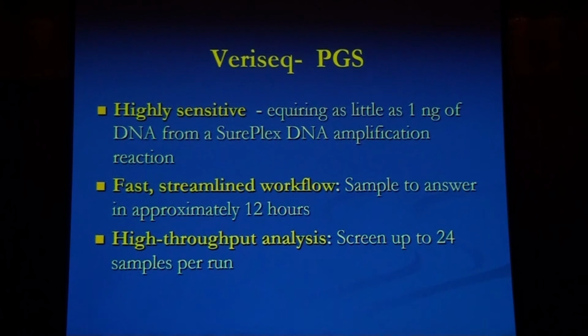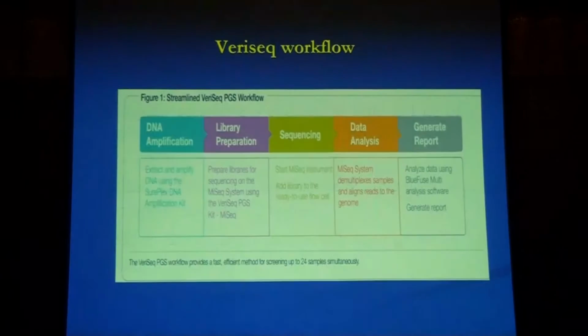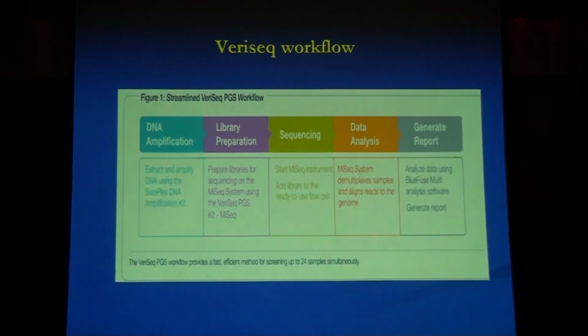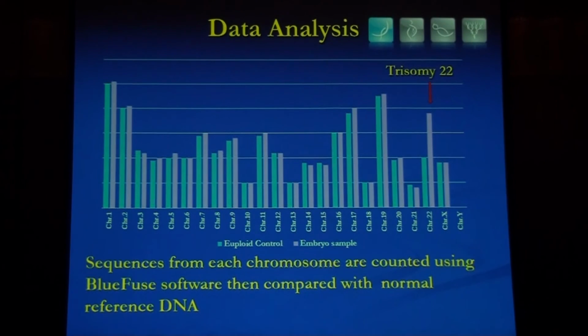And this is a very highly sensitive technique, very fast. You can study all this in 12 hours, and you can run 24 samples in a single run. It's a very simple workflow, and the reporter is very good.